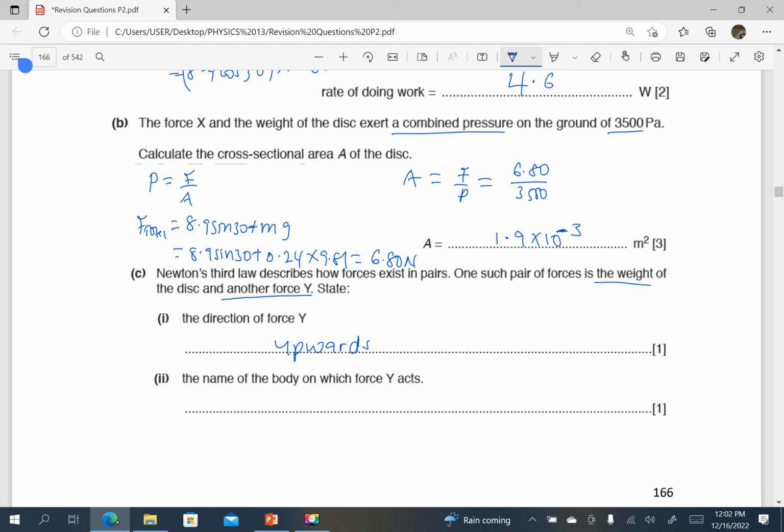So state the name of the body on which force y acts. So force y must be the planet, or it is going to be the earth for this matter, because the weight of a body is the pull of gravity on the body by the earth. That means if y is upwards, then y is the force on the earth by the body. So this is going to be acting on the planet or on the earth.